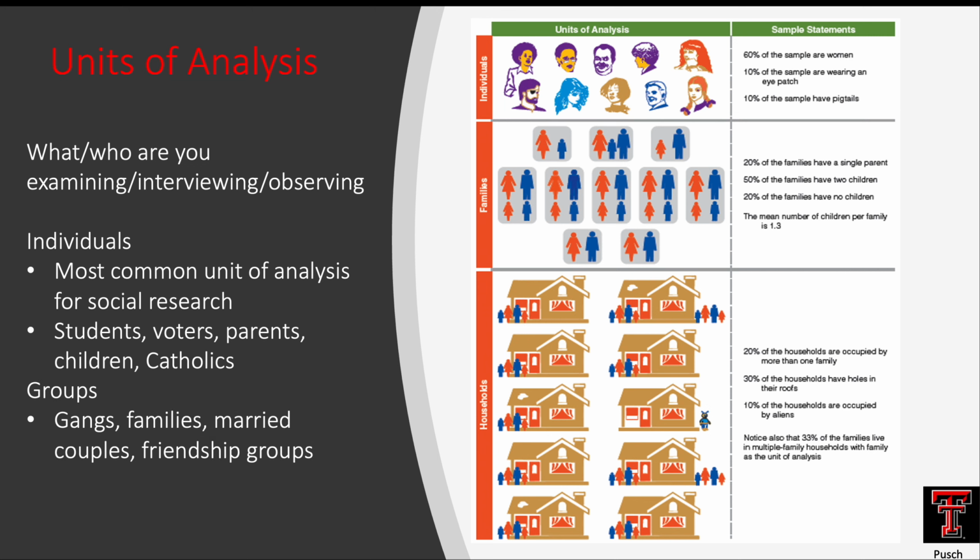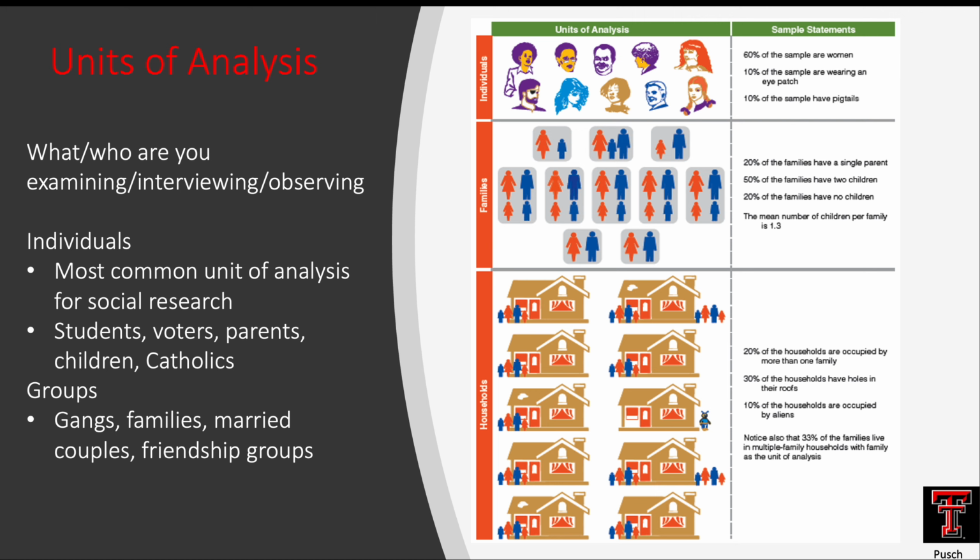So the next are groups. So this could be families, gangs, married couples, friendship groups. So maybe a survey would ask people, well, how many times a week does your family have dinner together? That would be looking at the family, using a survey where the family is the unit of analysis.